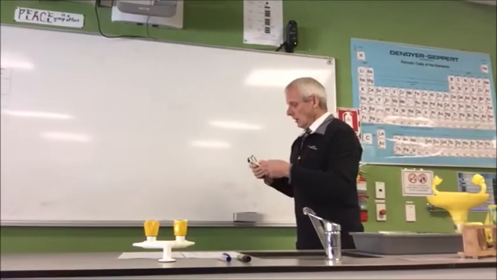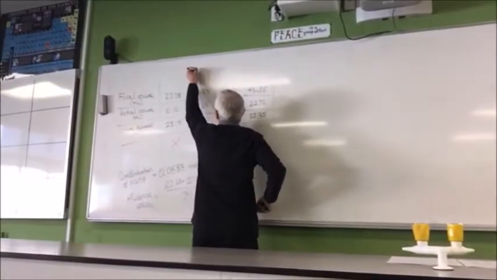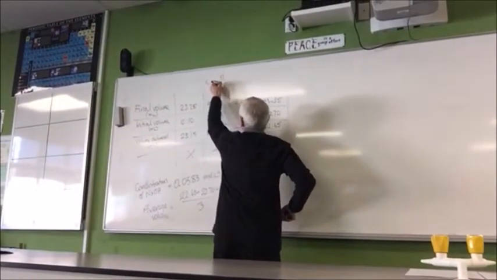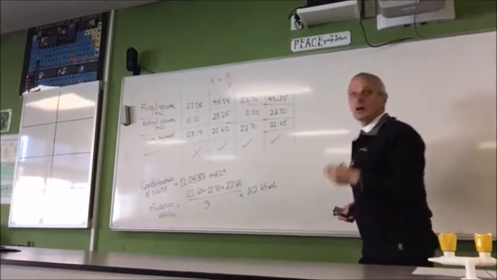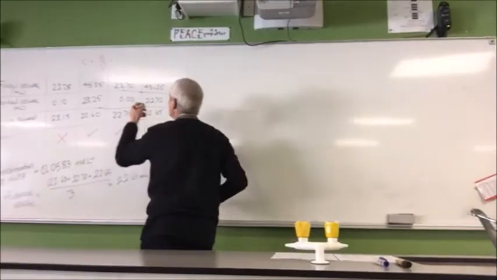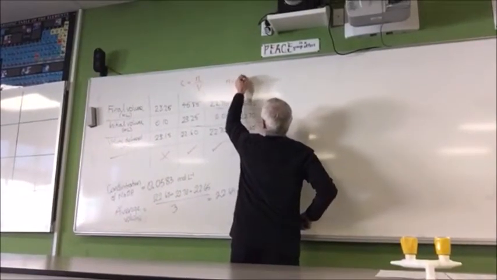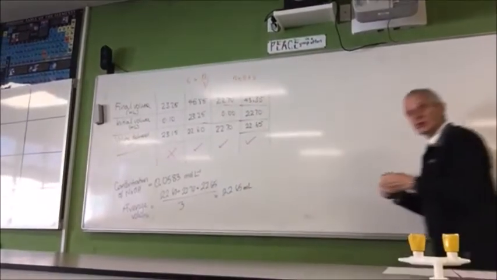Now, the other thing is to make sure that you've got the appropriate equations conveniently on your page. I'm putting it in red, so you put it in pencil. And you'll need the rearranged version, which is n = c × V. So you'll use both versions of those in the calculation.